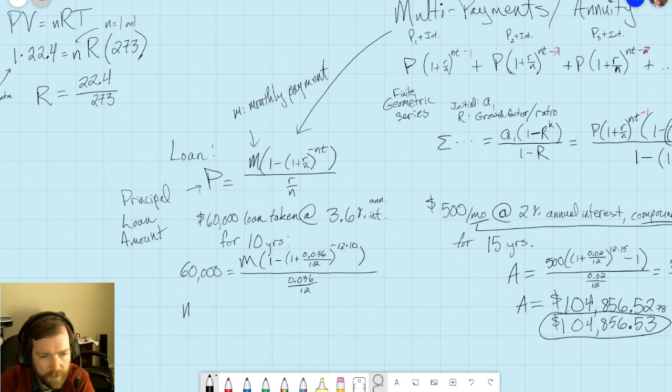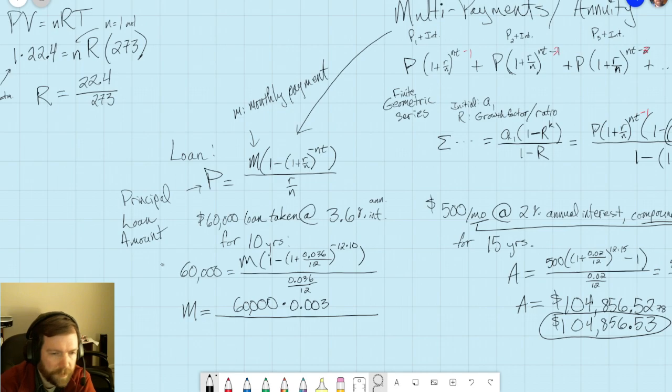Alright, M is going to be equal to 60,000 multiplied by this number here. So this is going to divide out and get us 0.003. This is all multiplied to the other side with the 60,000, and then all this stuff is divided underneath the 60,000.